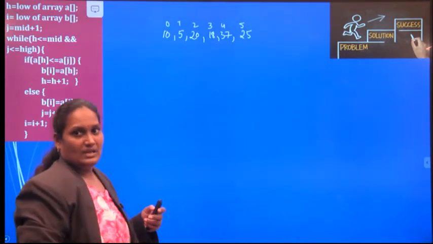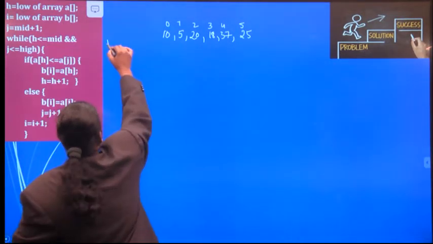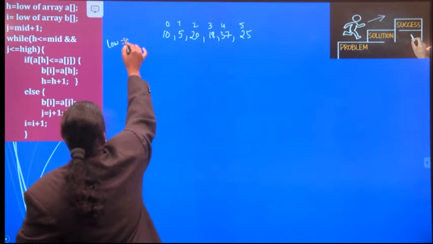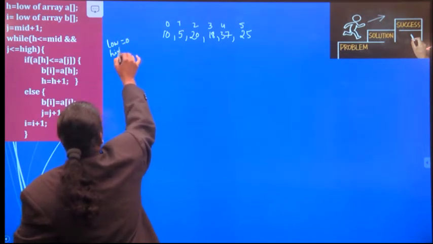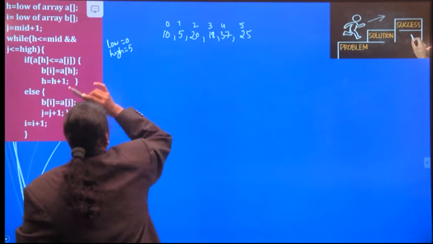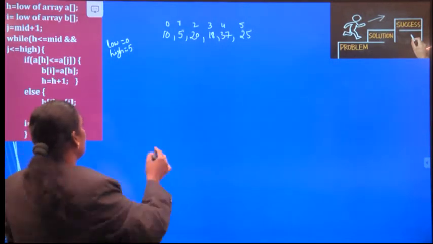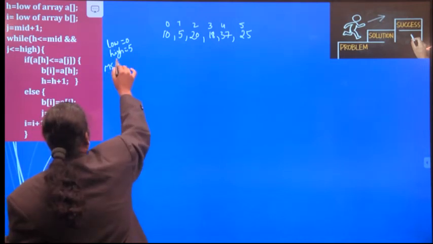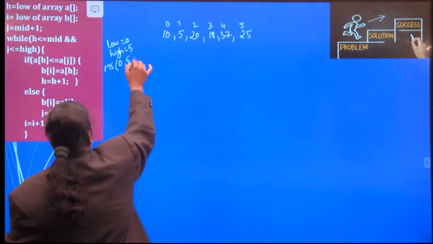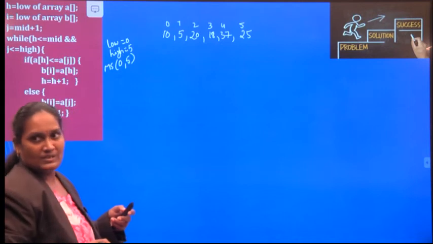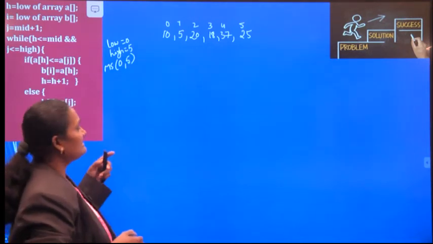0 to 5. Now, what is the low value? Low value is 0. What is the high value? High value is 5. If low is equal to high, we say that the array is already sorted. So here we are calling the merge sort procedure for low to high, that is 0 to 5. We are comparing the low value with high.